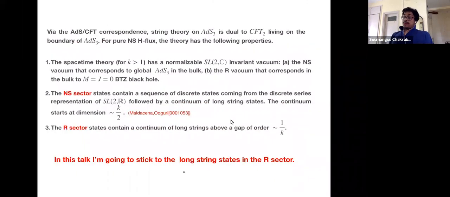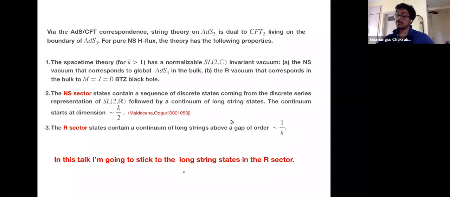Now, with the AdS/CFT correspondence, string theory in this background, AdS3, is dual to some CFT2 living on the boundary of AdS3. When you have just the pure NS sector, as I told you in my previous slide, the space-time theory, when K is greater than 1, and for my purpose K is always greater than or equal to 2, has an SL2C invariant vacuum.